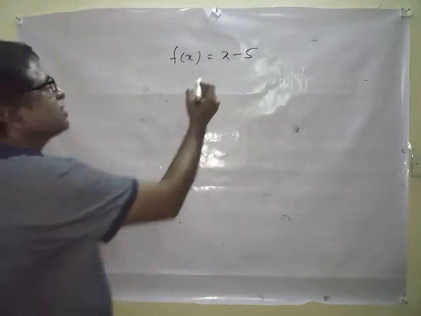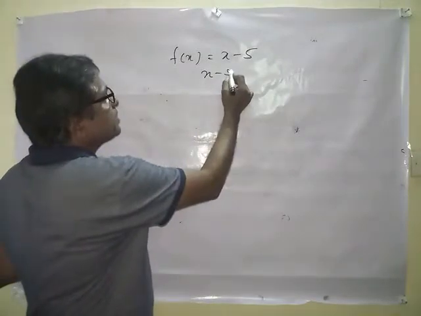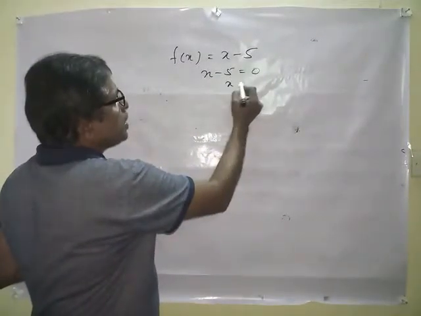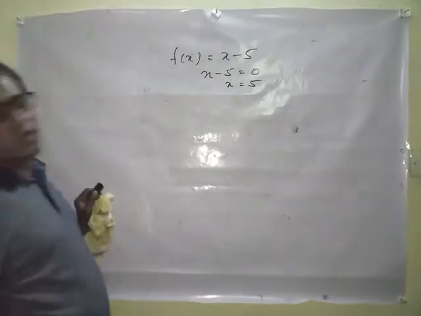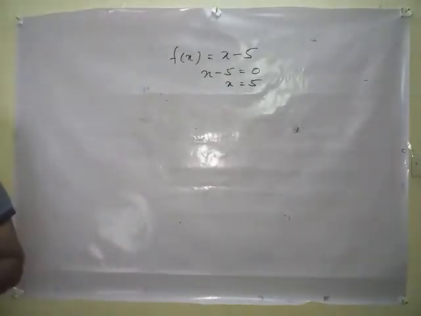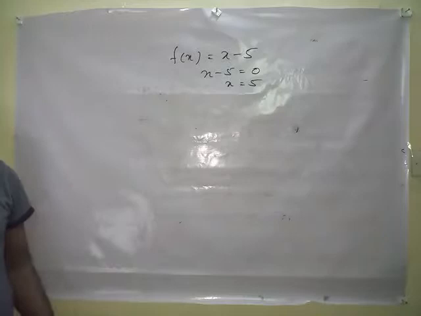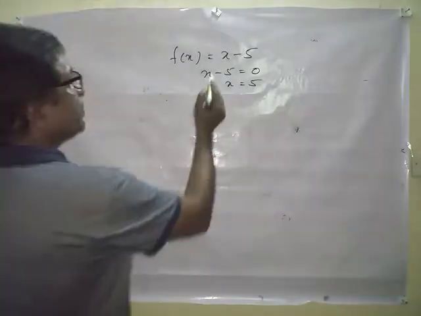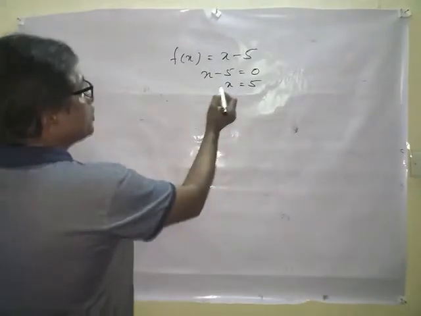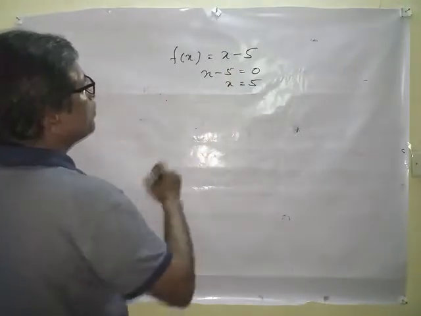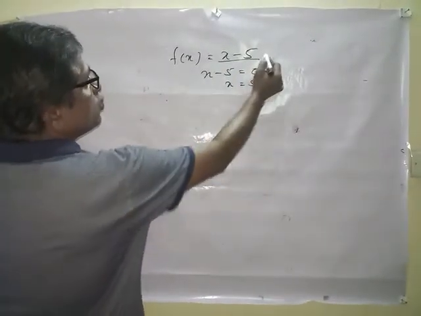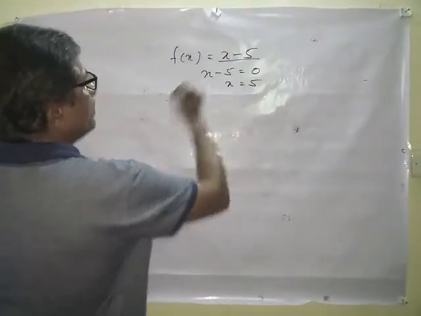So you just equate x minus 5 equal to 0, so x is equal to 5. This is for a linear equation. For a linear equation you can find the root directly, because it has only one coefficient; straight away equate it to 0 and find the value of x.